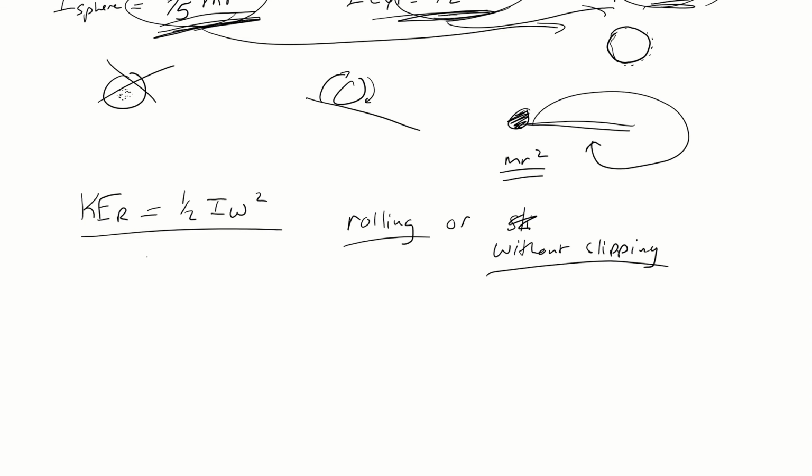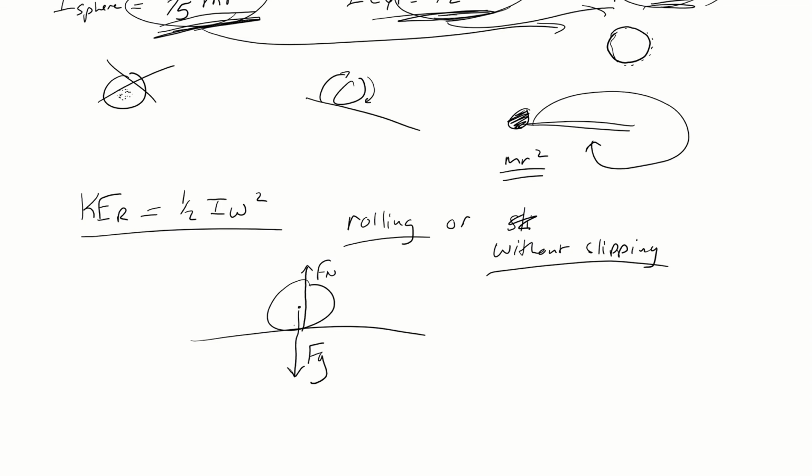The other interesting thing to think about with rotational kinetic energy is, where is this coming from? If I have an object that is rolling across the floor, what's causing it to roll? If you think about the forces acting on this object, the force of gravity would act from the center of mass, pulling straight down. The normal force would act upward from the floor, pushing straight up.